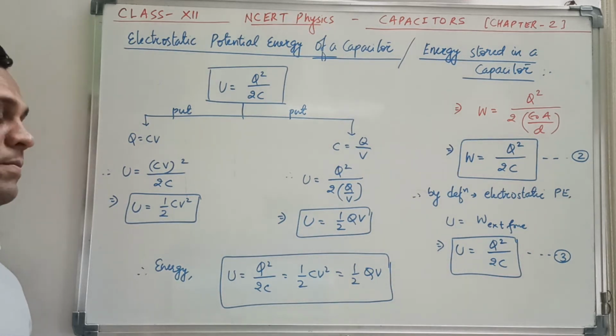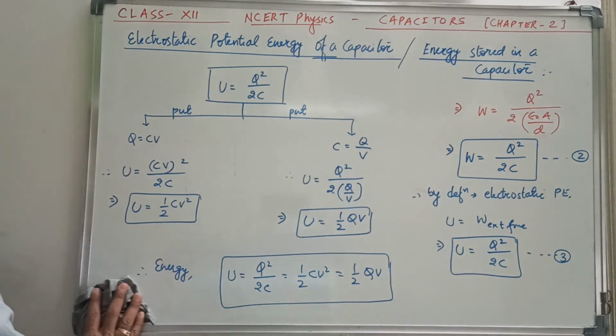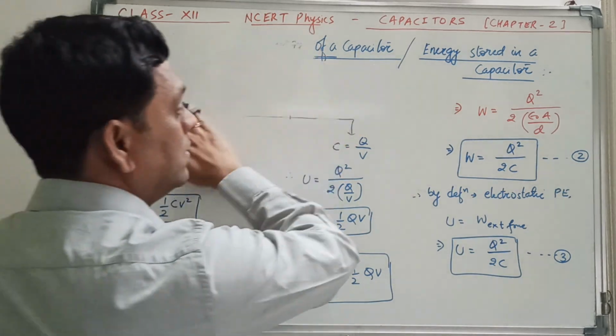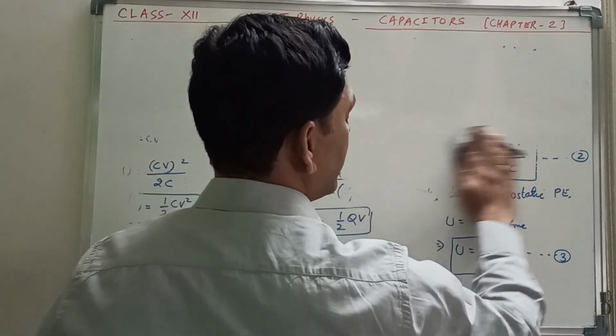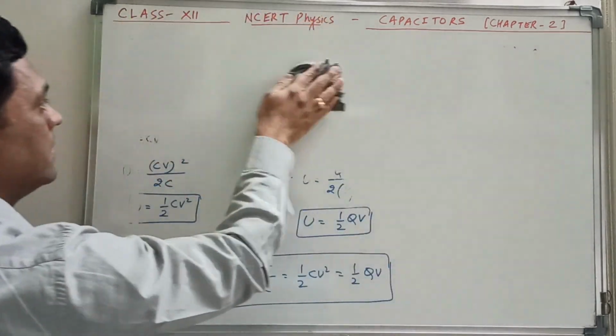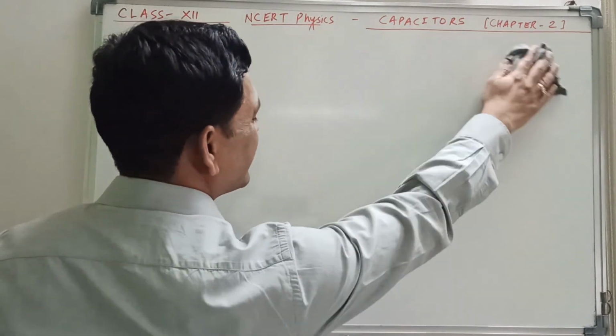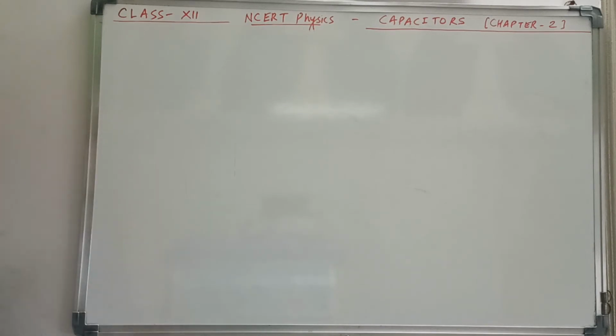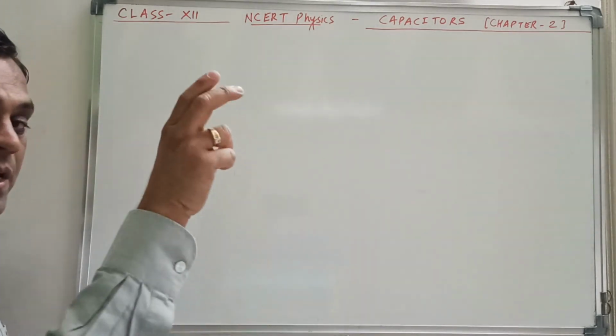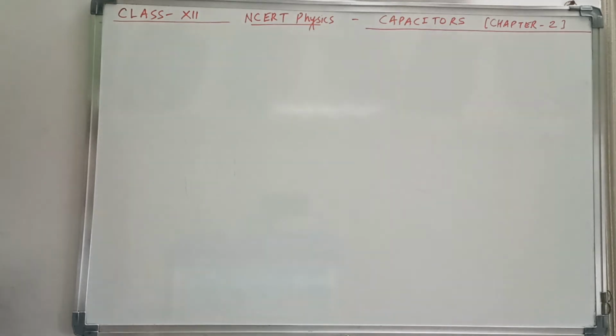Then the question comes: when we have increased the separation from 0 to D, some energy got stored in the capacitor. So where is this energy stored? We say the energy is stored in the space between the plates of the capacitor, obviously in the form of electric field.